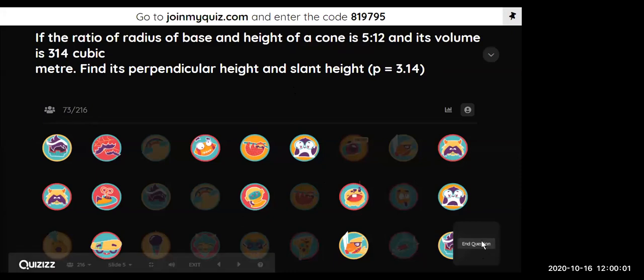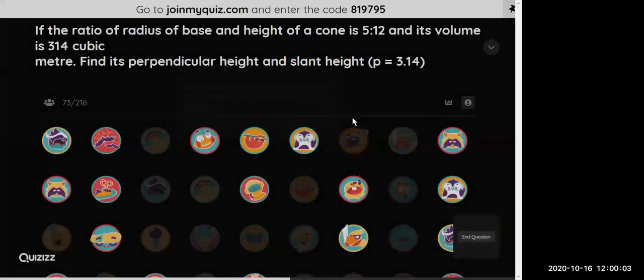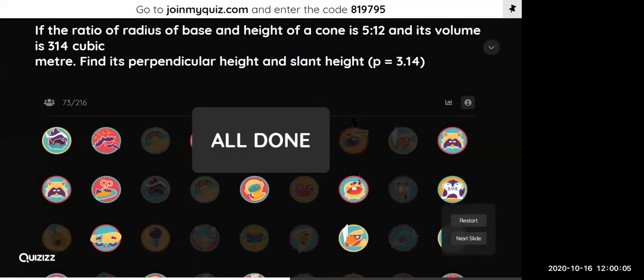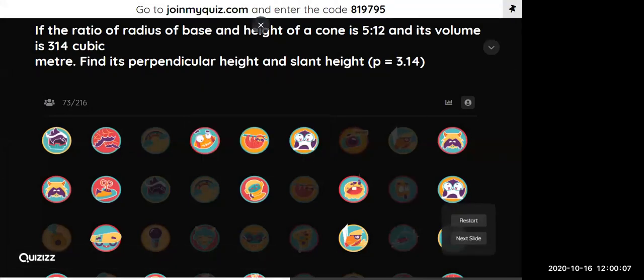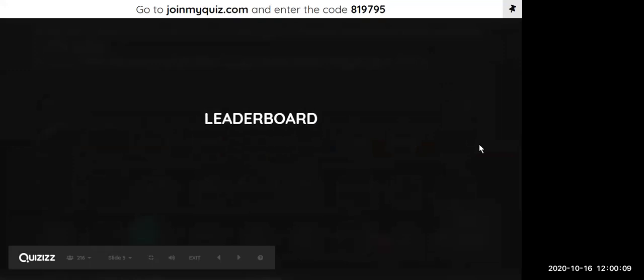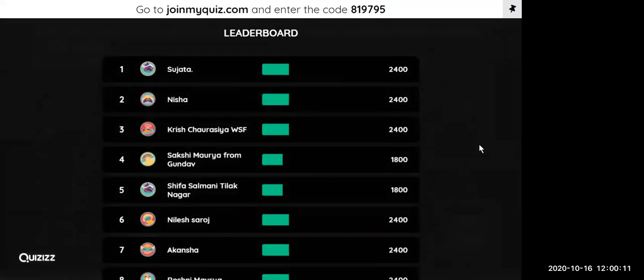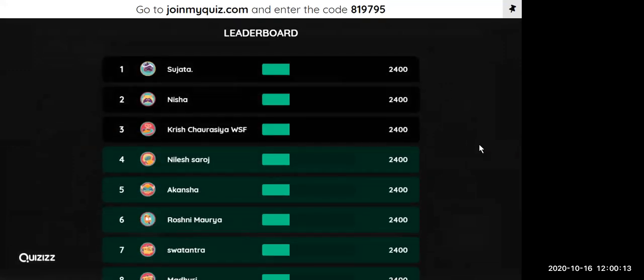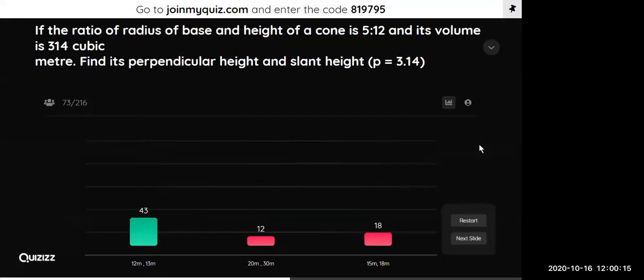So let's stop with this question. Yes, so we can see how many of you have got it right. And this is the addition of all the questions. The points are being added up. All right. So you see 43 of you have got it right.